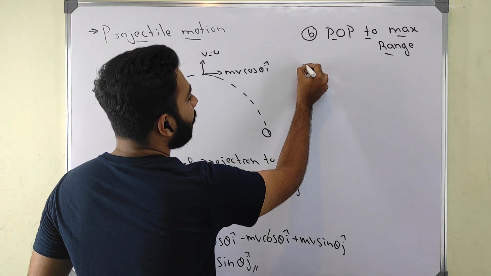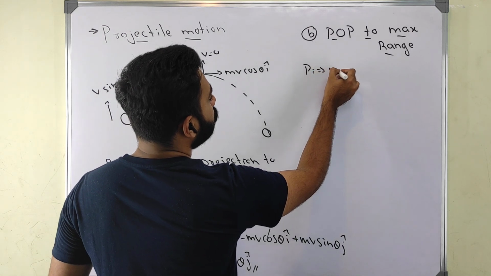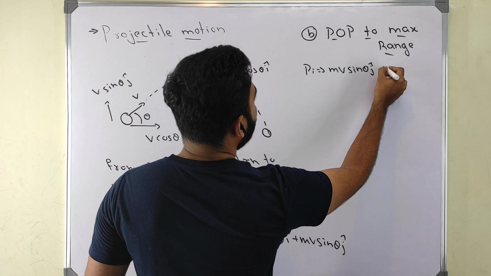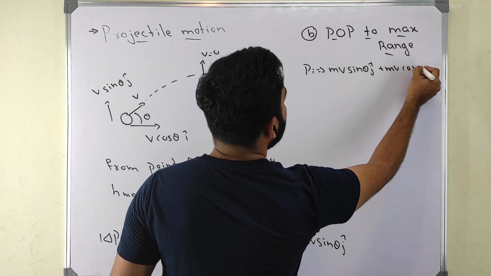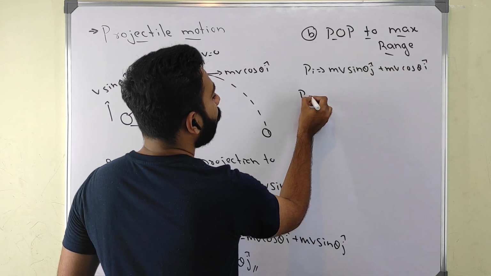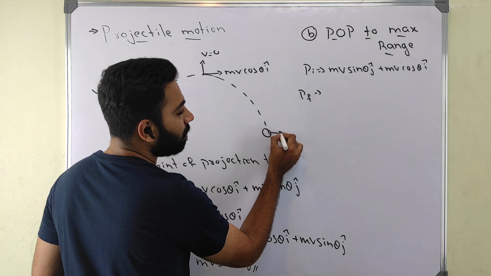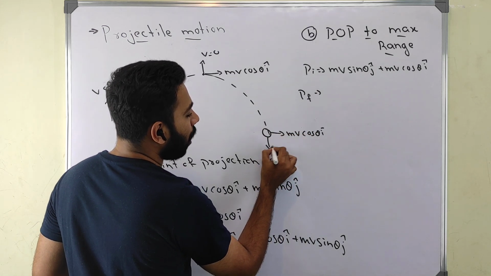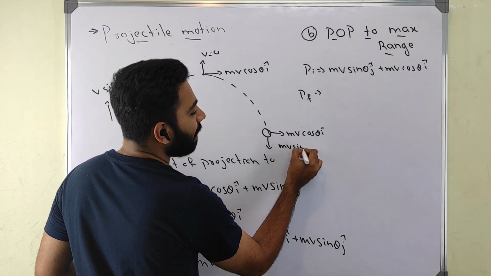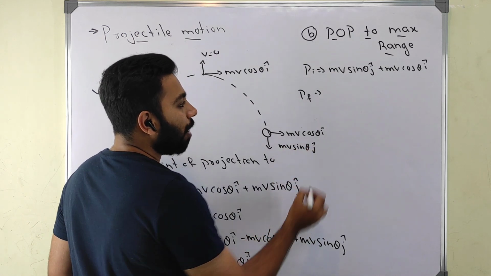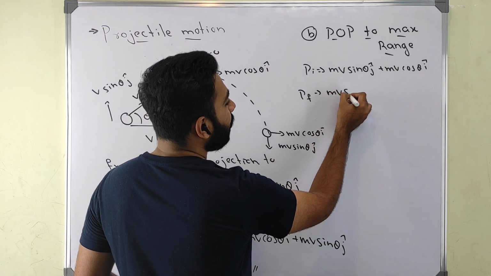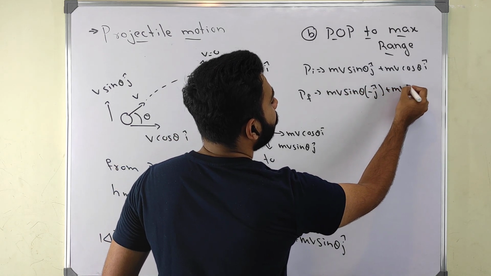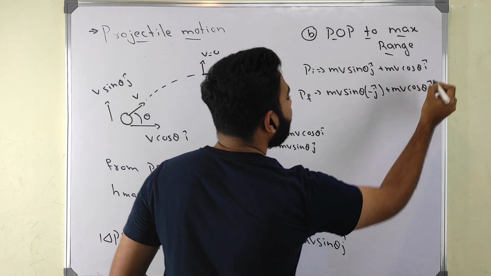Again I know my p initial is equal to mv sin theta j cap plus mv cos theta i cap. When I get to the final velocity, horizontally it will be mv cos theta i cap only, but downward it is mv sin theta. So I can write mv sin theta in minus j cap plus mv cos theta i cap.